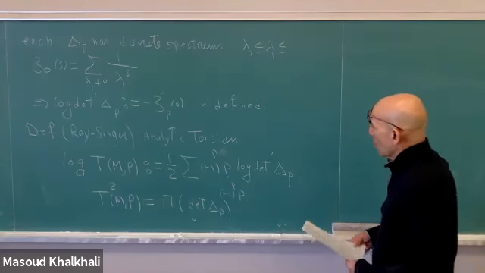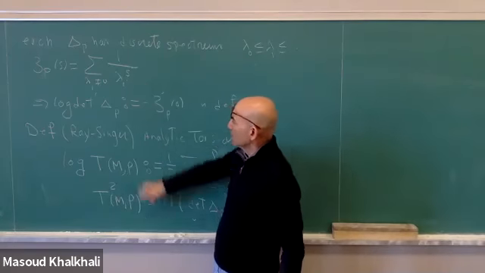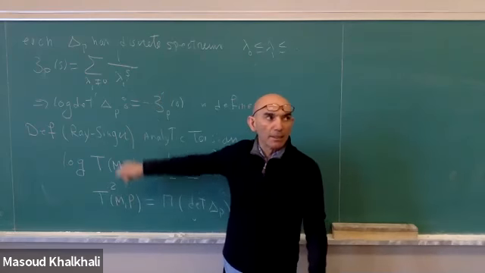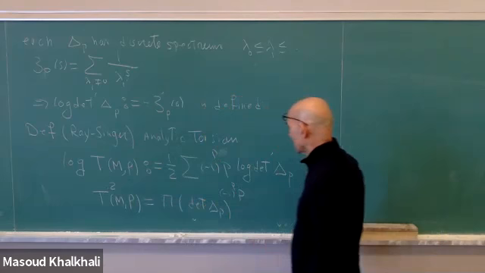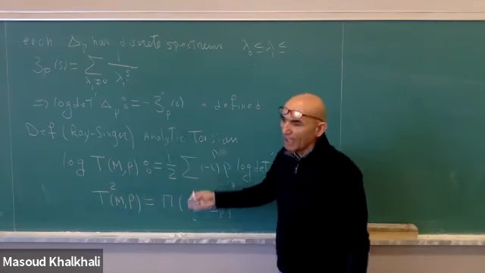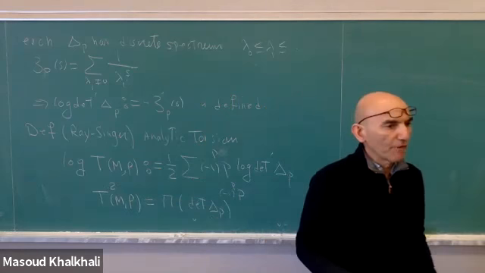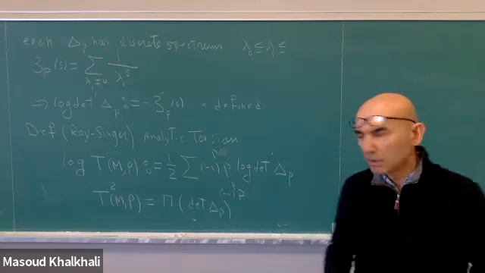But these methods of spectral geometry gave Ray and Singer this opportunity to define this concept. One point is that this is related to another invariant of the manifold, which is a cohomological invariant.